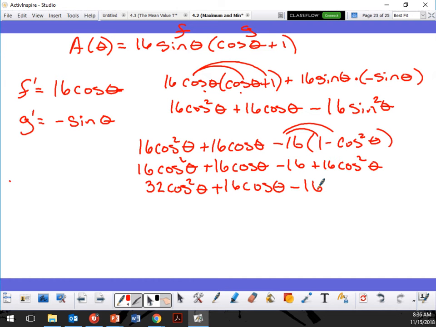So now from here I could factor. It is a trinomial, and with this trinomial you're factoring it. So we know that cosine is just x, right? So let's actually just think of it like that. If you think of cosine as x, can't we just rewrite it as 32x squared plus 16x minus 16?